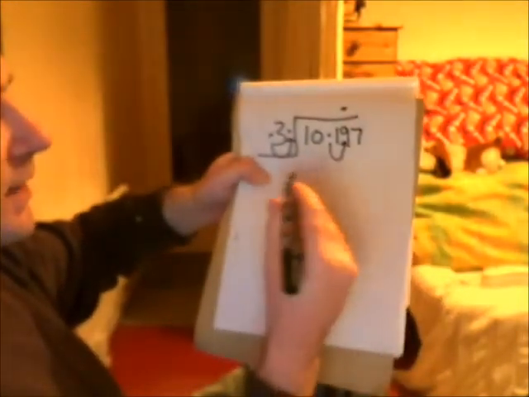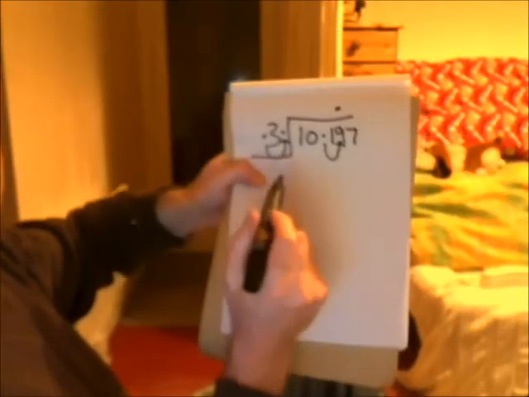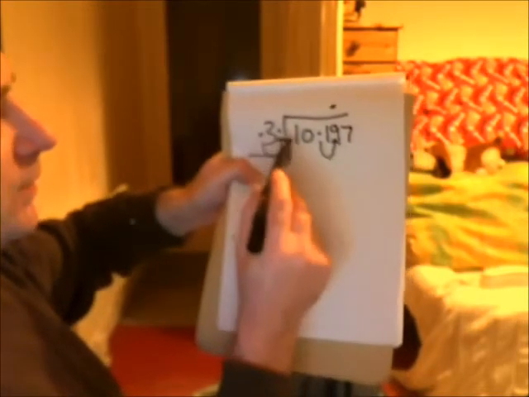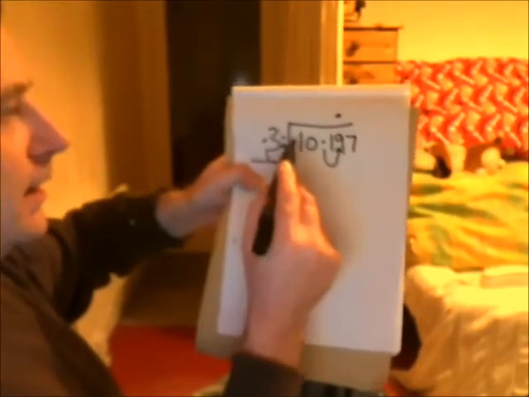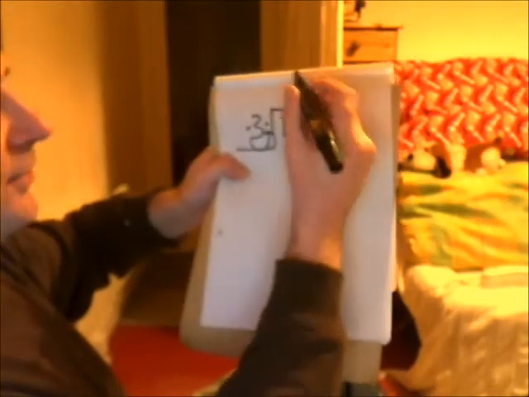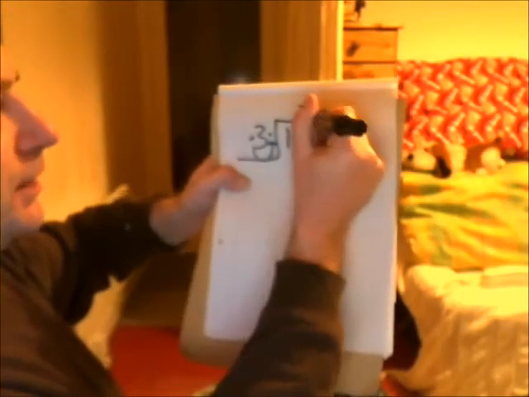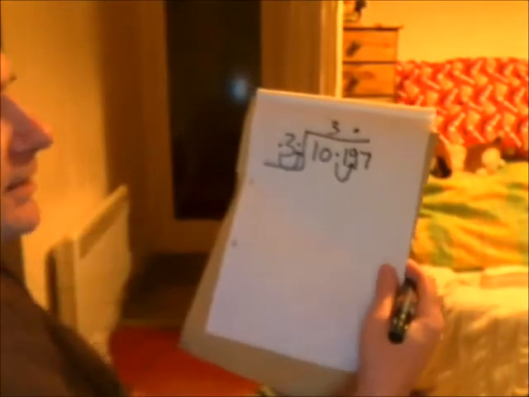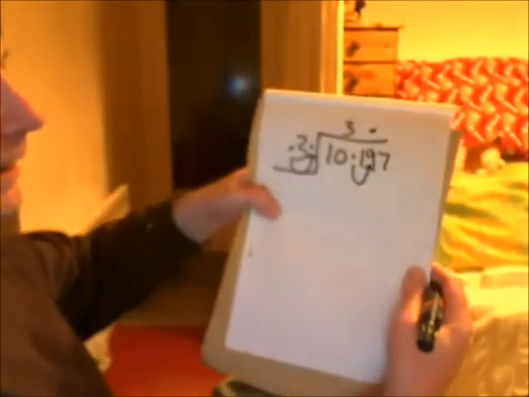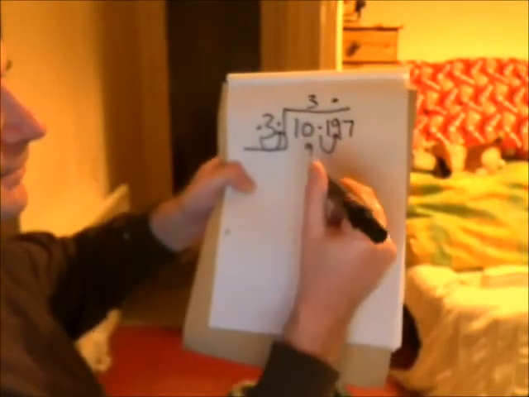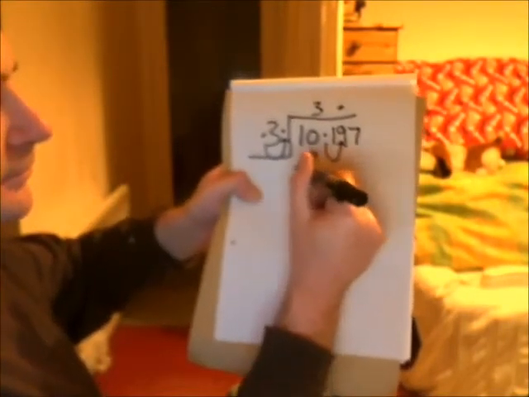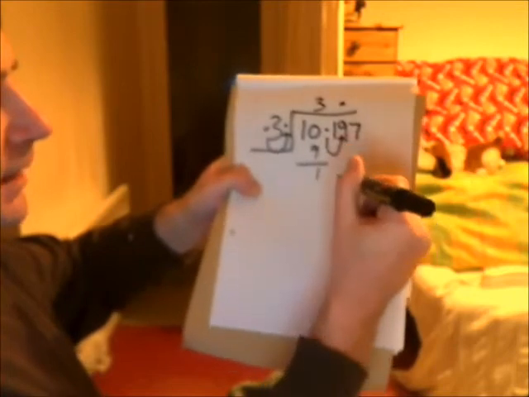And so we're now asking ourselves, how many times does 3 go into 10? It goes in 3 times, you can put 3 above the 0 there. 3 times 3 is 9. Take that away is 1.